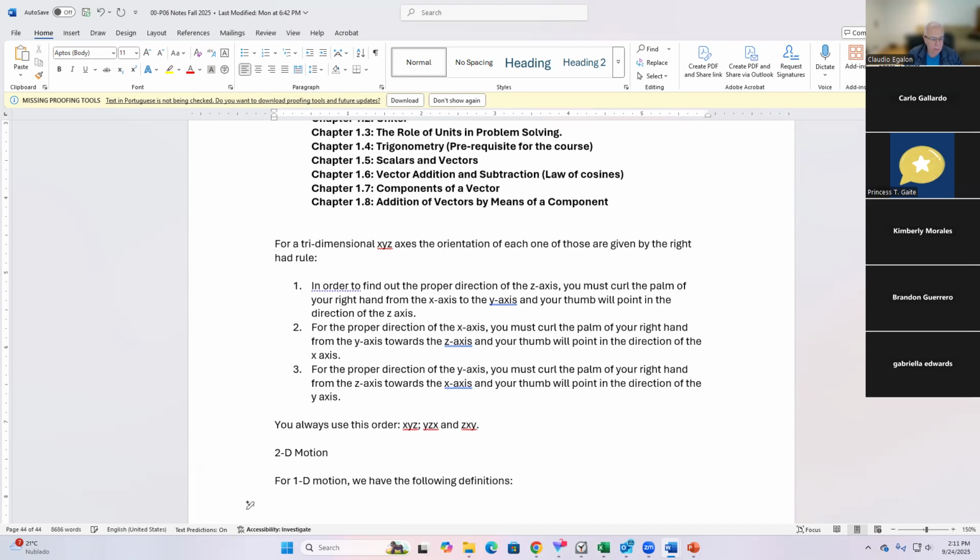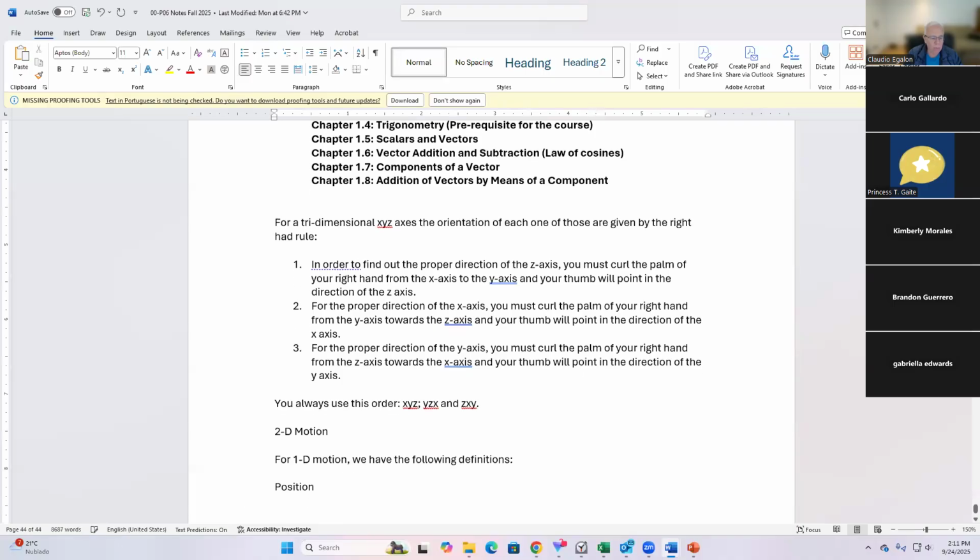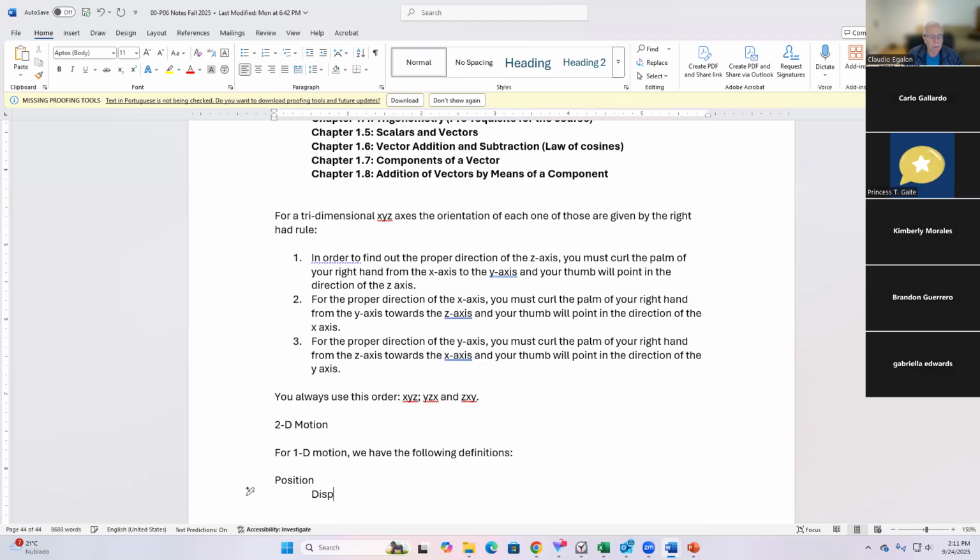One, position. Two, displacement. Three, average velocity. And I'm going to put speed. And in addition to displacement, I'm going to put the distance traveled.